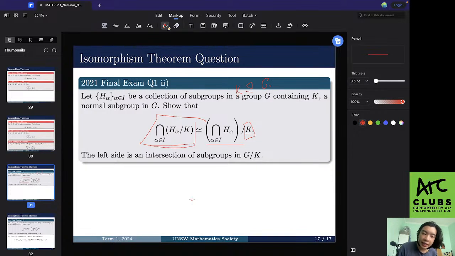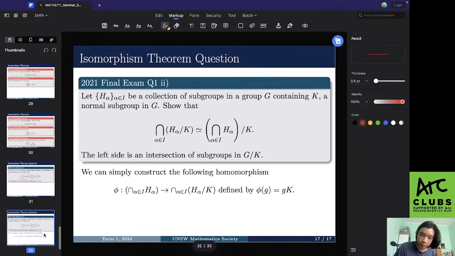And turns out we actually do have a natural homomorphism, right? We have a homomorphism from our group here to our group here, and the homomorphism is simply we have an element g and that gets mapped to gK, right?